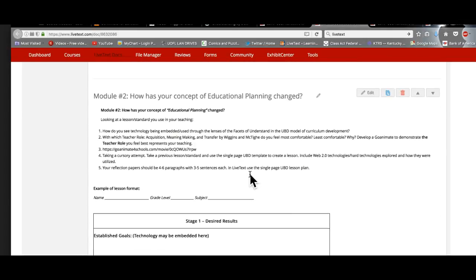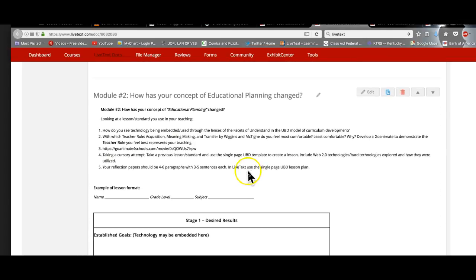Once again, go to your live text assignment and just paste it below here, right below the number 5. And remember how you do this. You basically just turn on the edit and then you can paste in here.